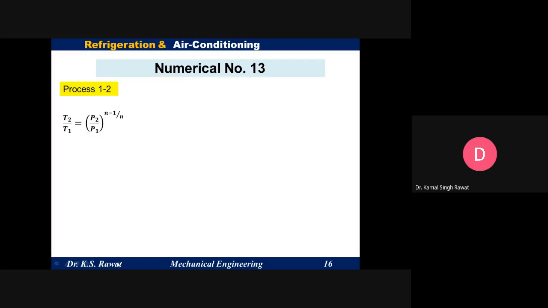The compression process follows the rule PV^1.35 = constant, so the value of n is 1.35.